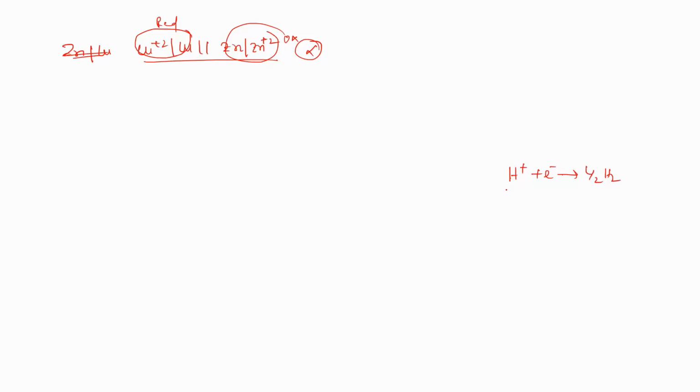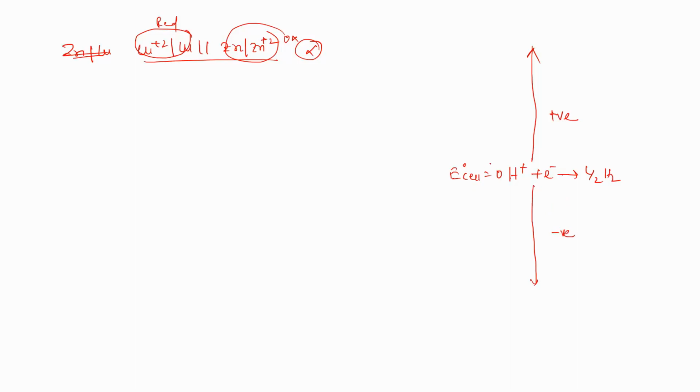According to this hydrogen cell, the reduction potential E0 cell is equal to 0. So we have taken this as a standard cell. According to this cell, there are positive reduction potential values and some negative reduction potential values.